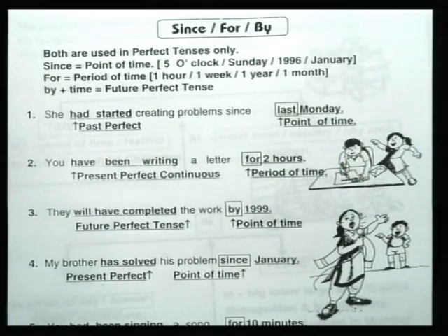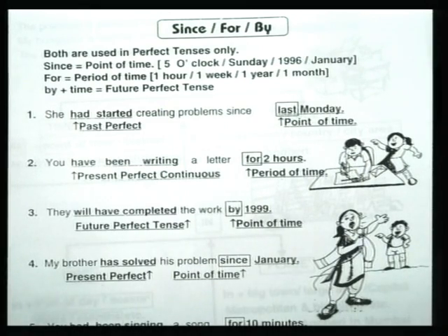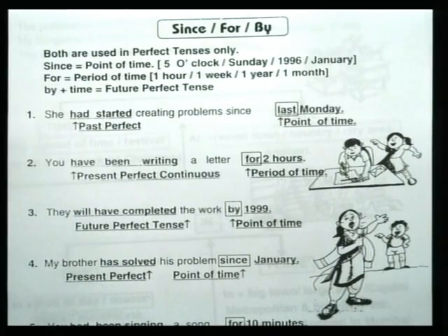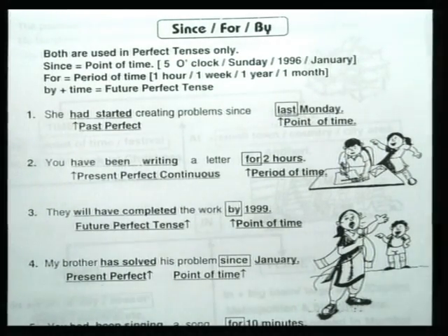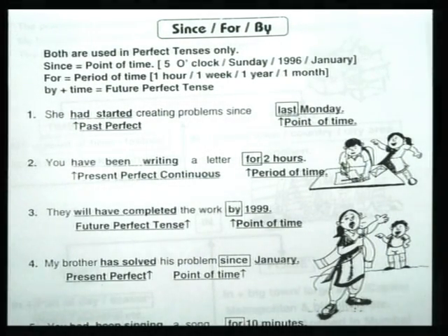Next preposition is for. For has the starting as well as the ending point. Mind well, I shall repeat. The for preposition has the start as well as the end point.